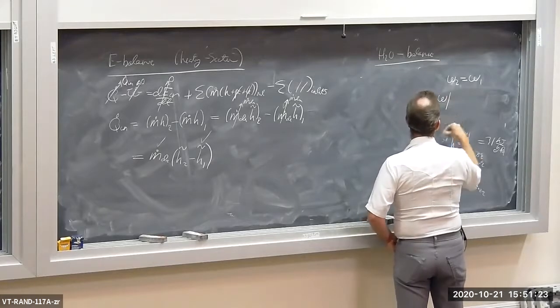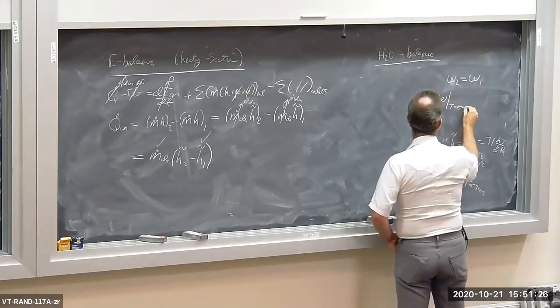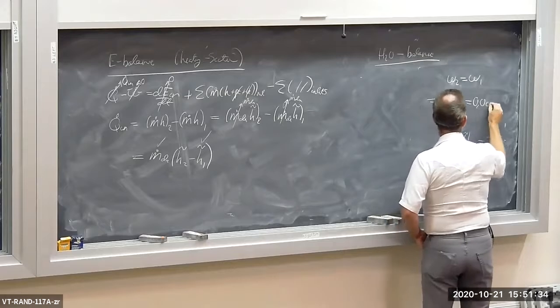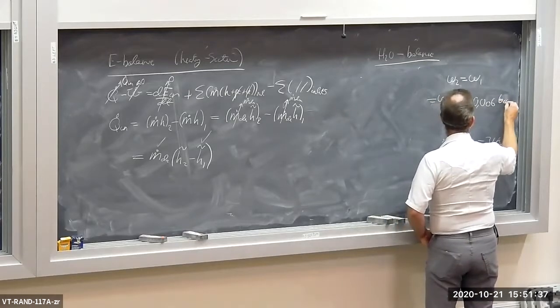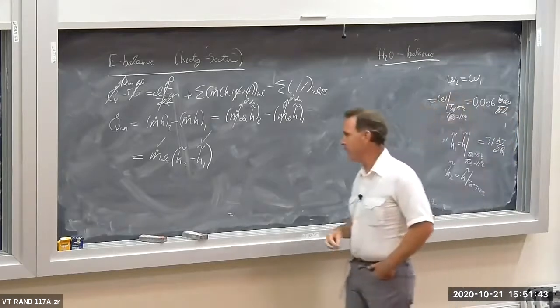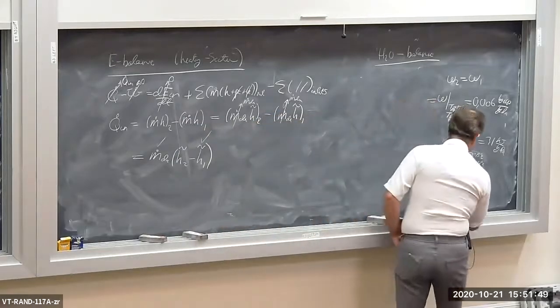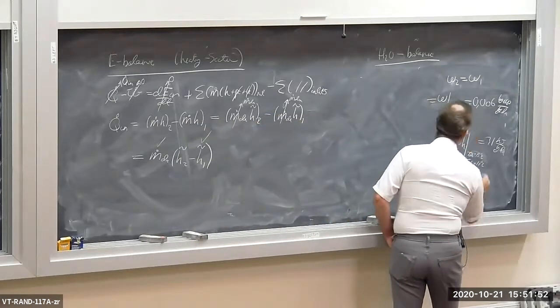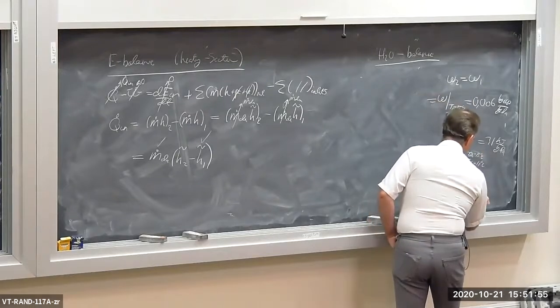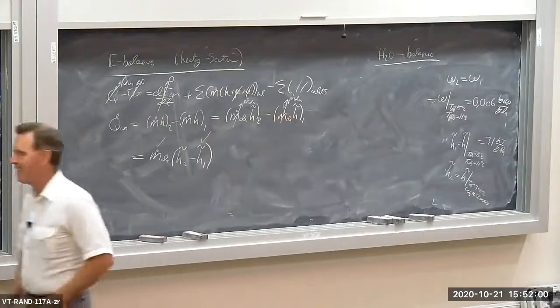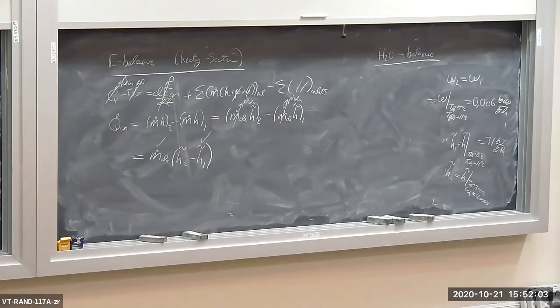Equals omega evaluated at 15 degrees C and T wet bulb 11 degrees C, 0.0064 kilograms of H2O per kilogram of dry air. Okay, so omega 2 is equal to omega 1, 0.0064 kilograms of H2O per kilogram of dry air.